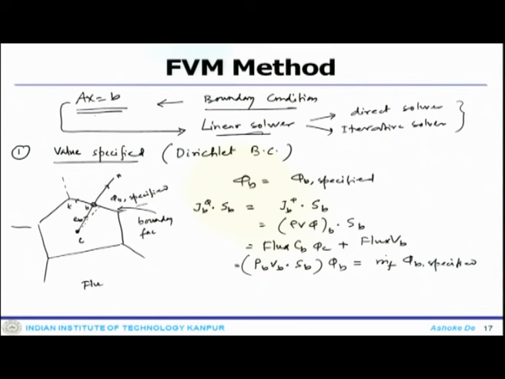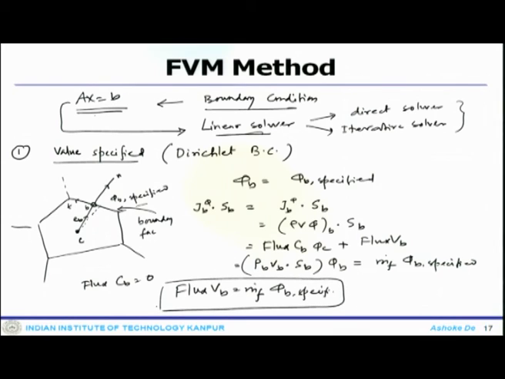So, you can have flux C B is 0 and flux V B is m dot F phi B specified. So, you get that value.